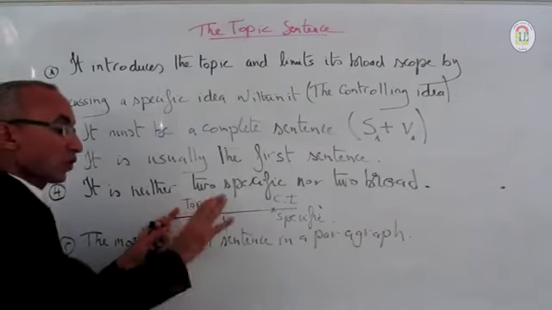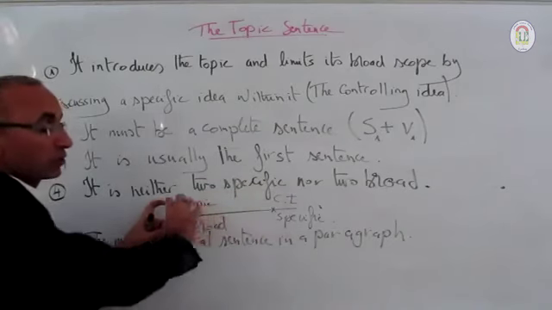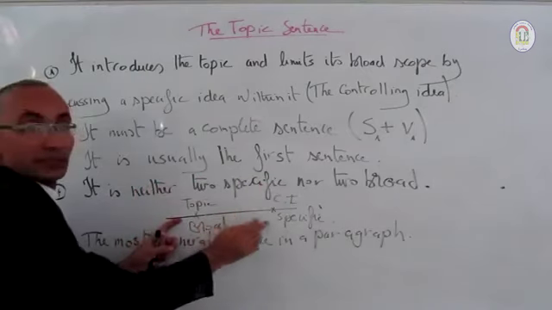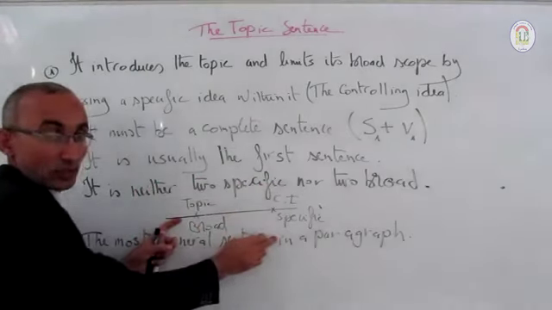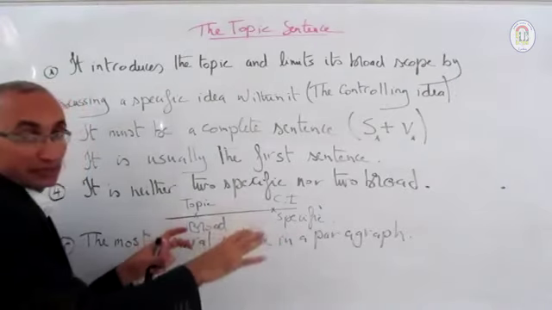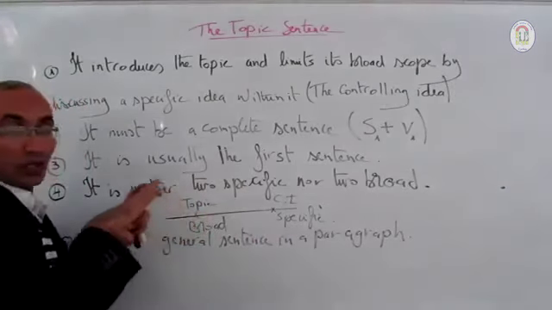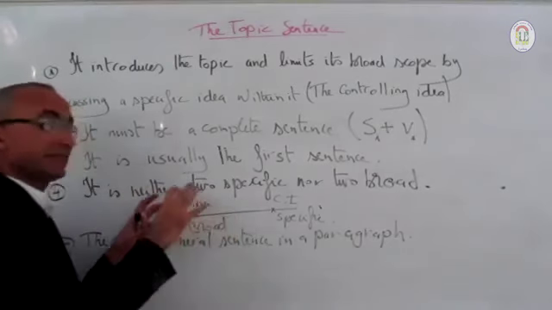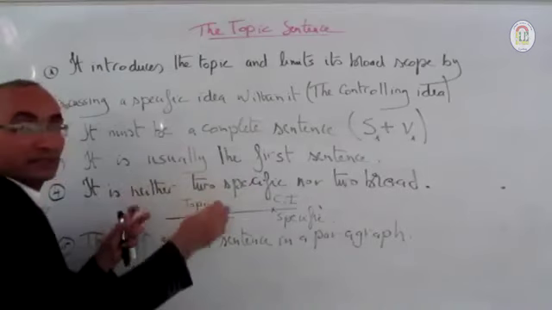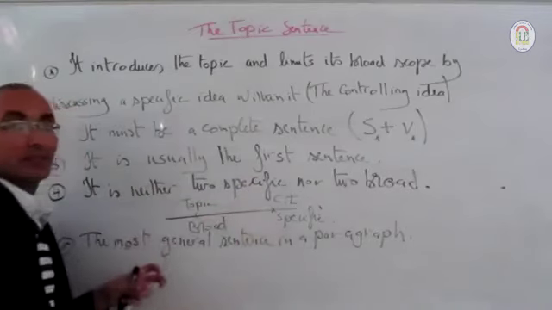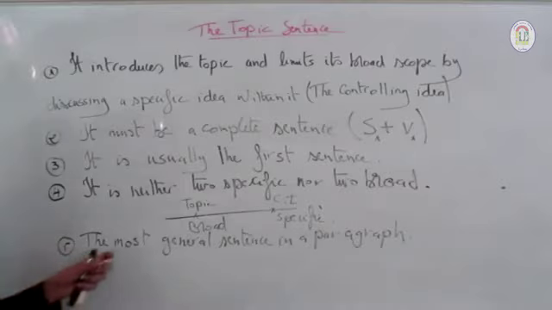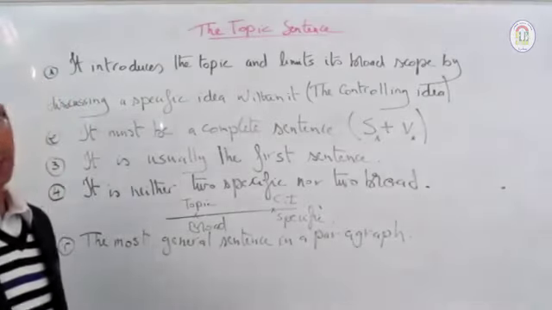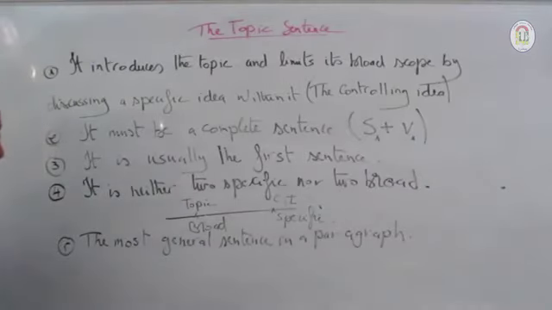That's why we must keep it generally general, comparing to the supporting sentences, which contain a lot of details, explanation, examples. This sentence is general, comparing to the second part. That's why it is defined as the most general sentence in a paragraph. In an academic paragraph, of course. Clear?